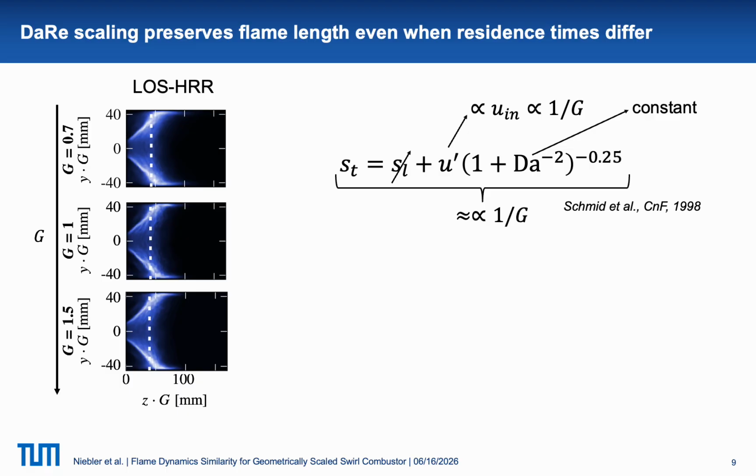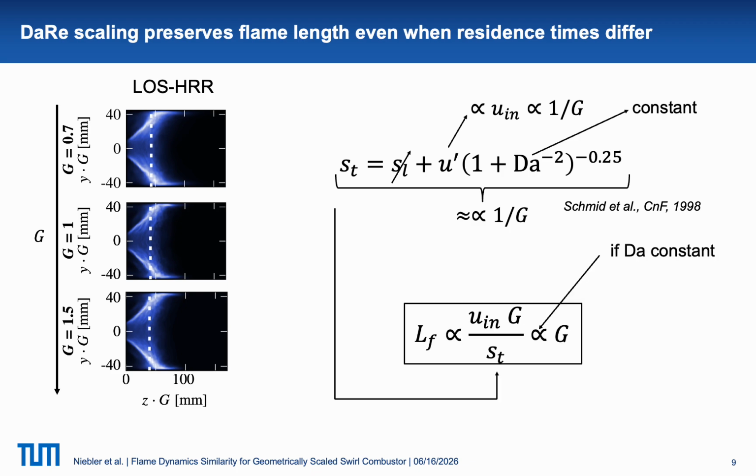For our cases, the second, turbulent term of the turbulent flame speed quite dramatically dominates the equation. We can neglect the first part, the laminar flame speed, and if the Damköhler number is constant, this S_T approximately scales with our turbulent velocity fluctuations, which depend on the inlet speed and thus scale with 1/g.